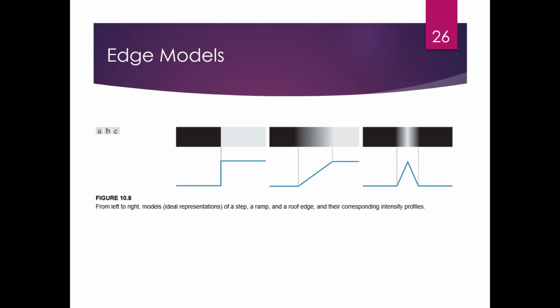So in such situations, edges are more closely modeled as having an intensity ramp profile, such as the edge shown in this figure. A third type of edge is called a roof edge, having the characteristic shown in this figure. Roof edges are models of lines through a region, with the base of the edge being determined by the thickness and sharpness of the line.